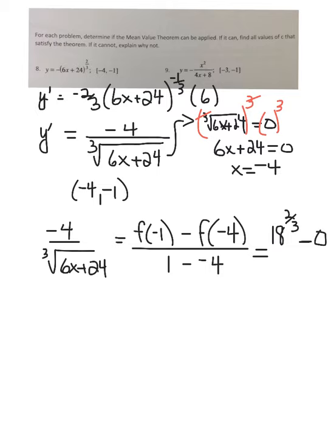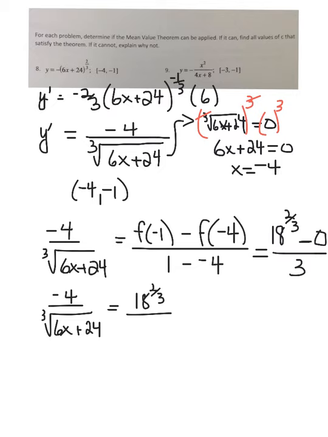Now, in the denominator here, we're going to have 3, right? All right, so now let me just rewrite this. I'm going to have -4 over the cube root of 6x plus 24, and I'm setting that equal to what? 18 to the 2/3 power in the numerator, over 3 in the denominator.